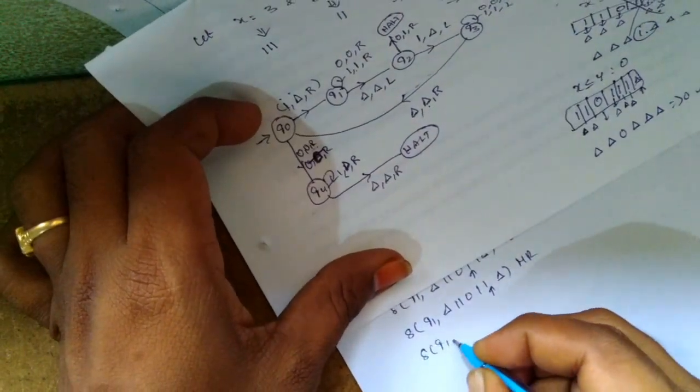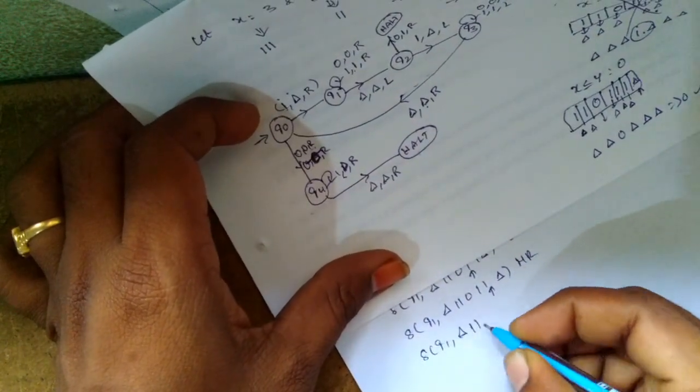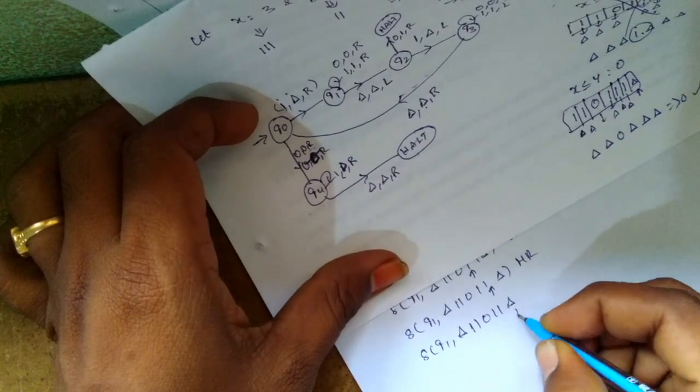So del of Q1 comma del 1 1 0 1 1 del, moving right up to del.